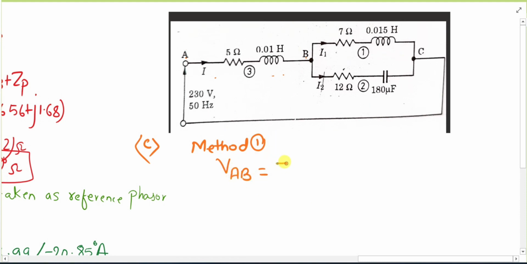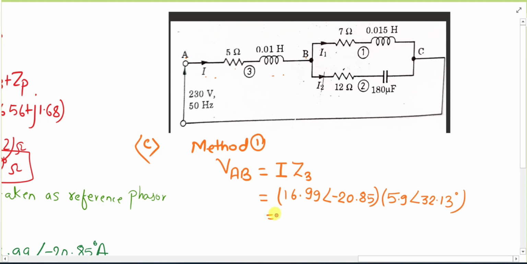The current is I and the impedance is Z3, so the voltage drop will be I into Z3. Now substitute the values, and you will get the voltage drop across AB.